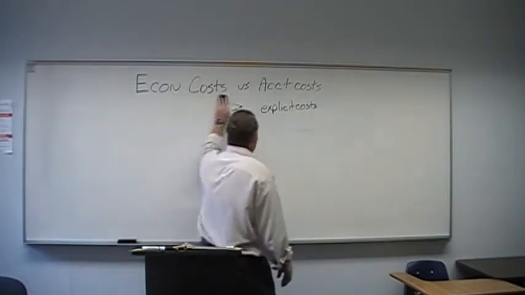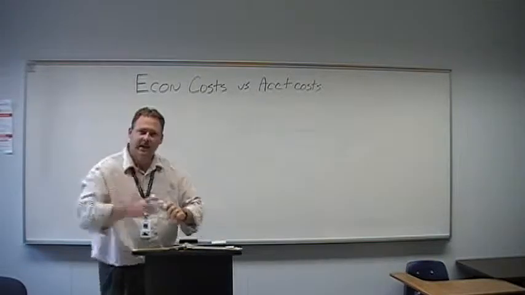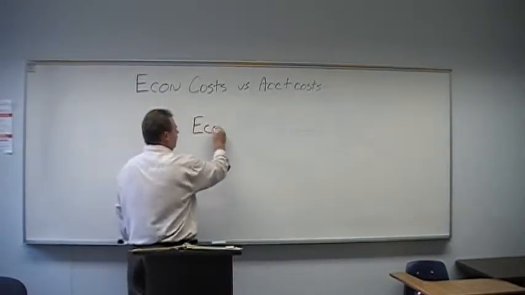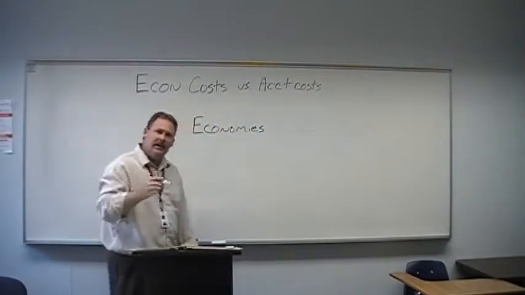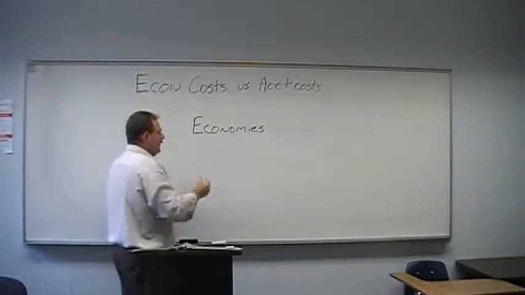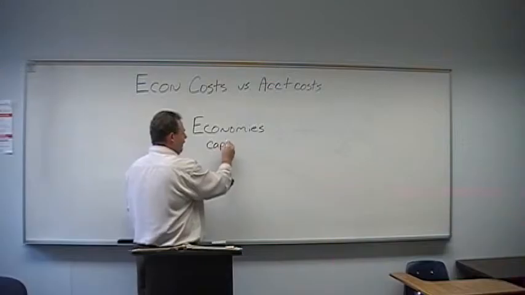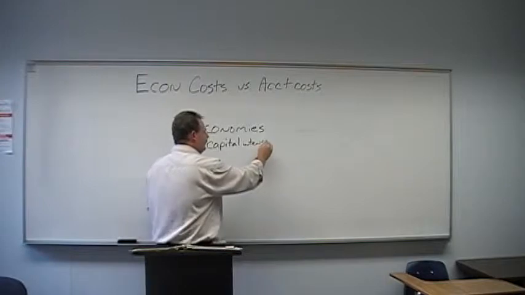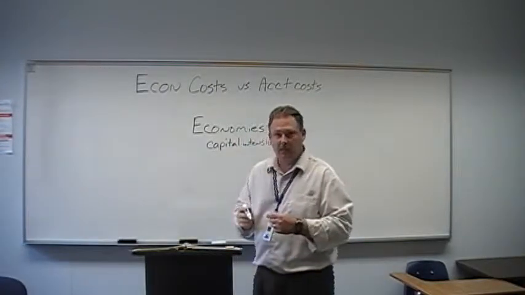And if we look at that, what is happening when we have economies of scale is that we're looking at an item that probably has high fixed costs. It's something that we typically will call capital intensive, meaning that it uses a higher ratio of machinery to people.